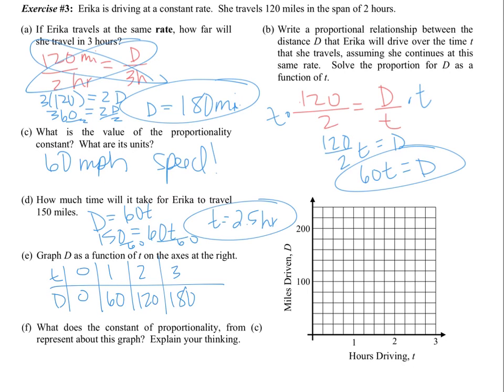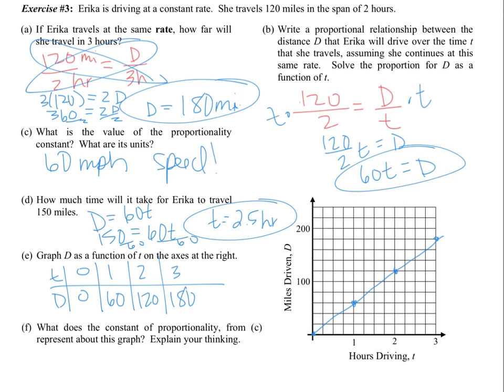Then you can plot those points. So 0, 0. At 1, they're at 60. This is going up by 20s: 20, 40, 60. Then 2 is at 120, so right here, and at 3 is 180. So there is your constant speed.